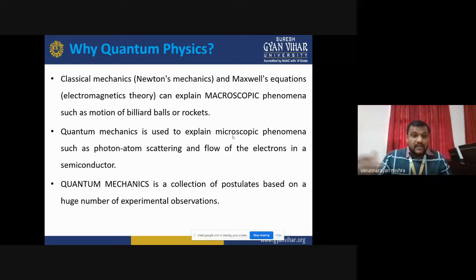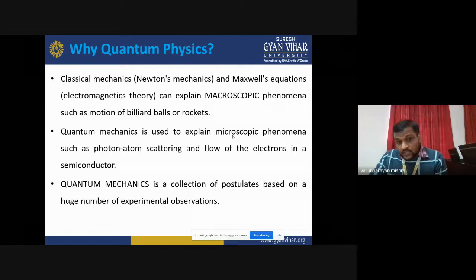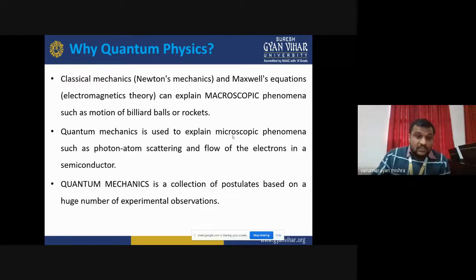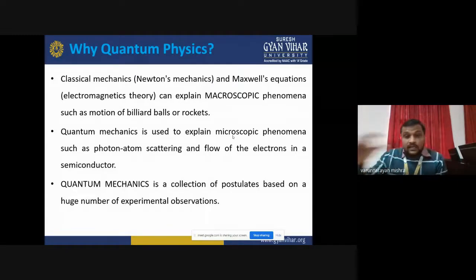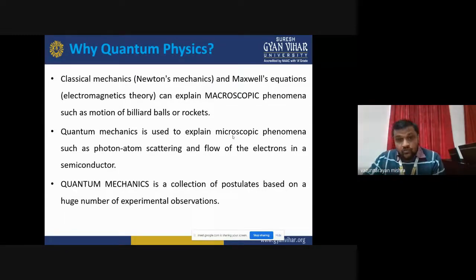Classical mechanics and quantum mechanics are the two branches of physics. Before the photoelectric experiment, it was considered that the motion of an object could be explained by Newton's mechanics and Maxwell's equations, which are based on electromagnetic theory.